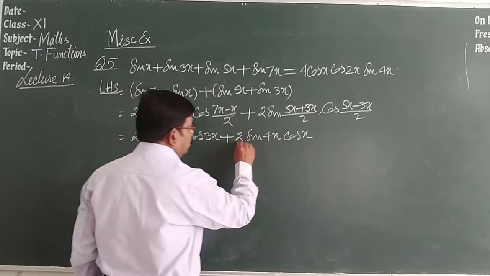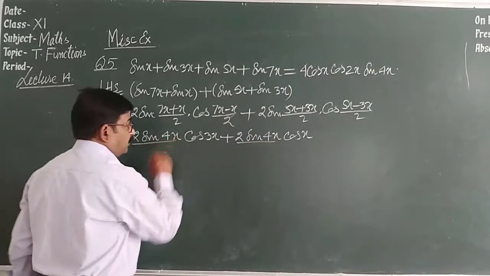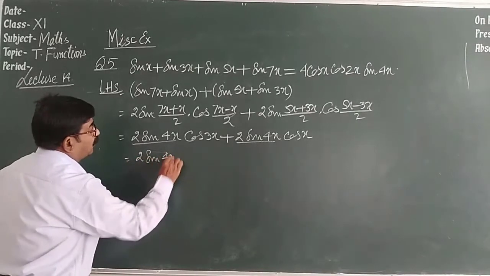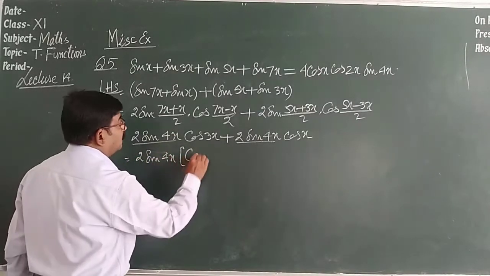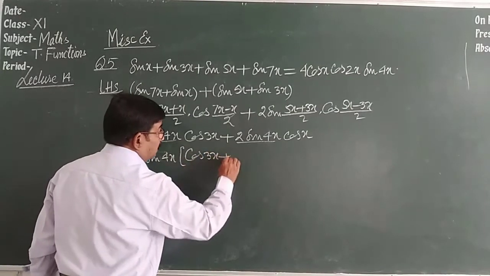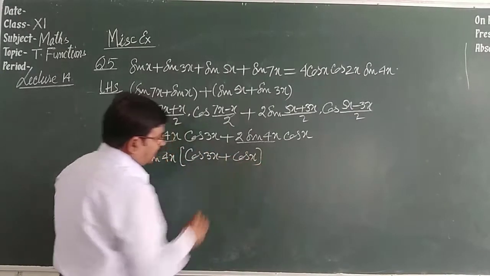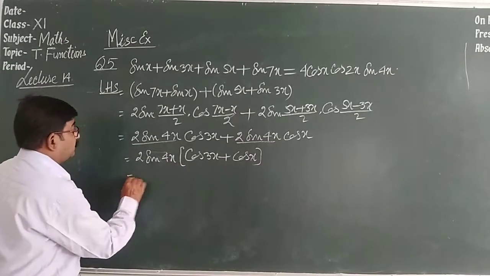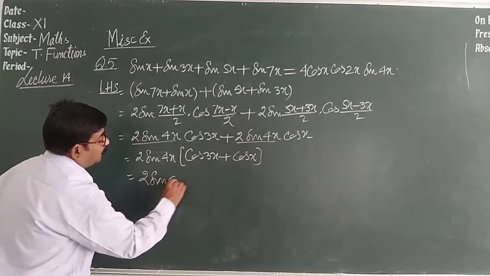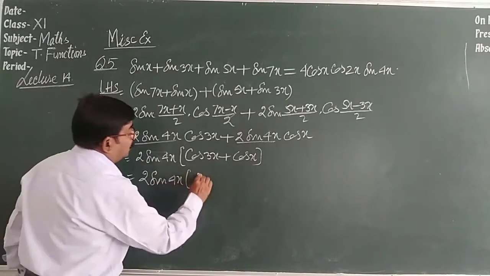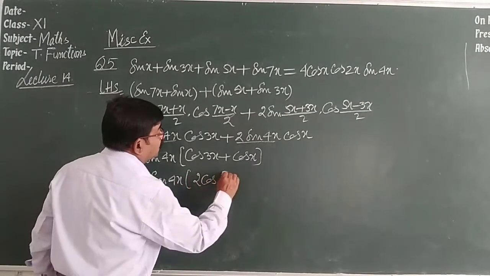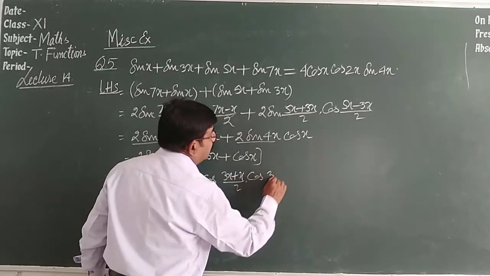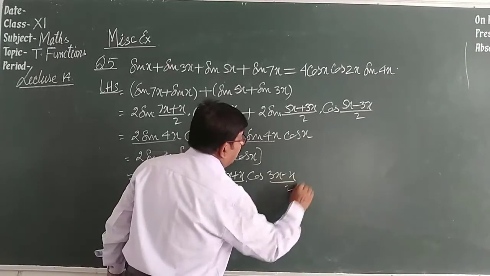So see, 2 sin 4x is common. So take 2 sin 4x common. What we have is cos 3x plus cos x. Again this can be broken using the formula cos a plus cos b. So we have 2 sin 4x and here 2 cos (3x plus x)/2 cos (3x minus x)/2.